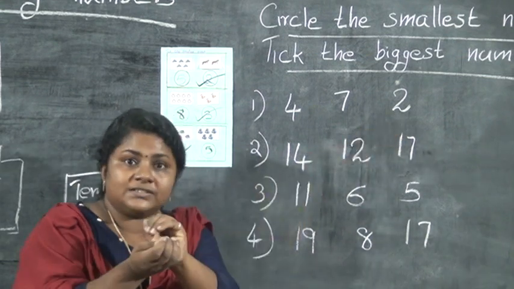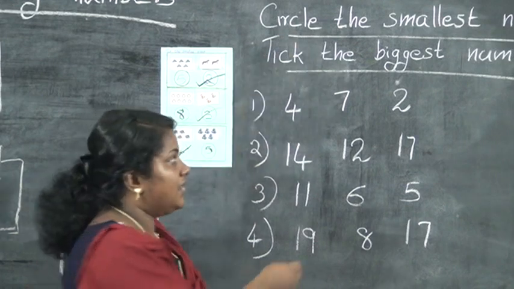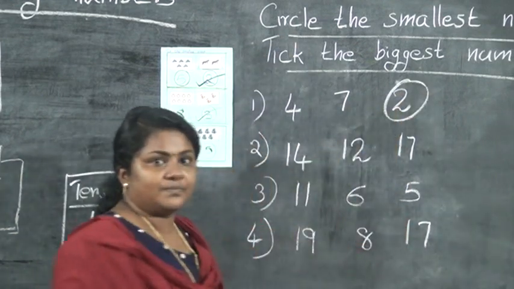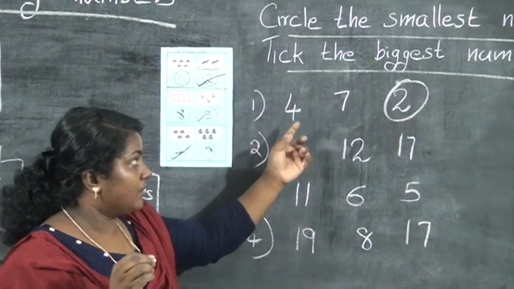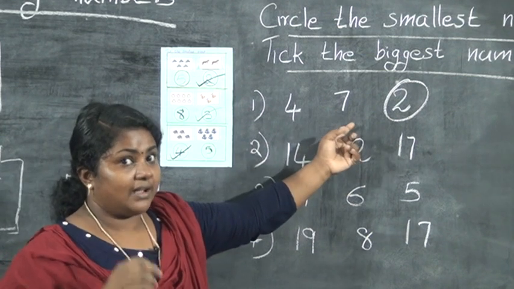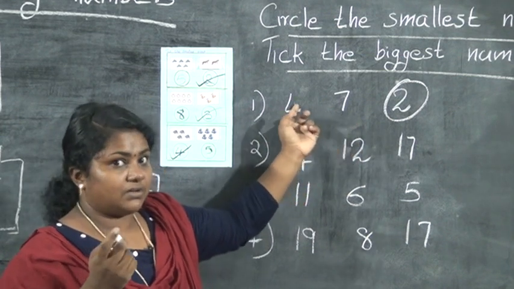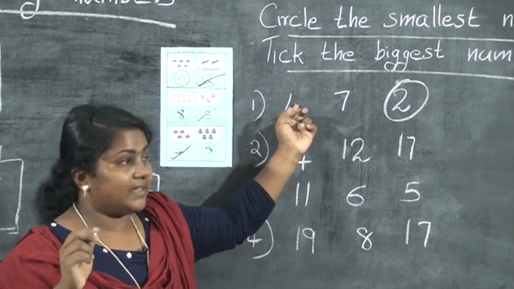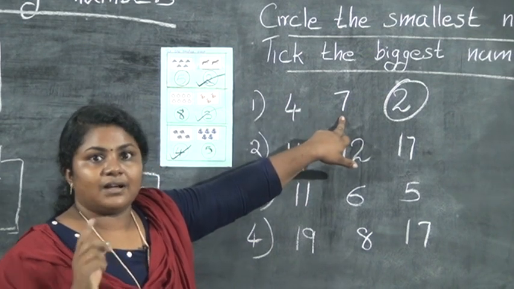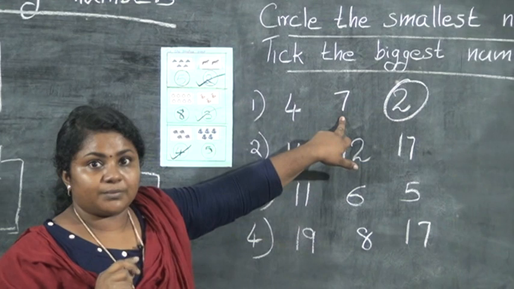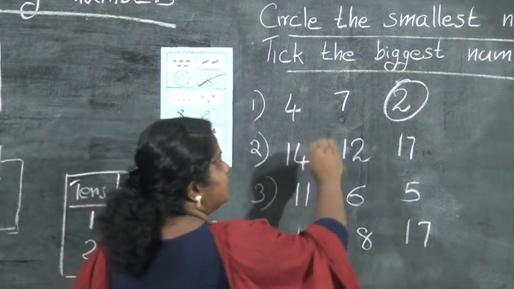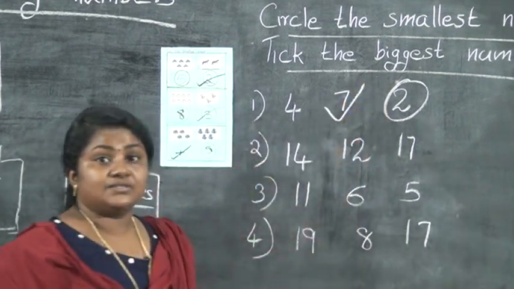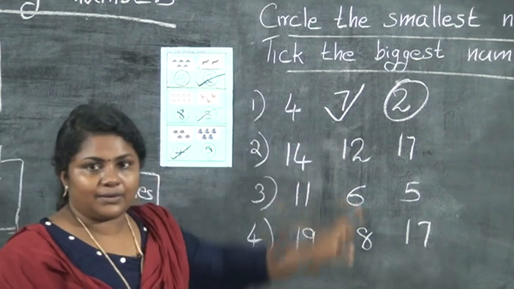So it is the smallest number. We have to circle the smallest number. 2, 3, 4. But there is one more number, isn't it? Up to this number we have to count: 4, 5, 6, 7. 7 is the last number that came, so it is the biggest number. So we have to take the biggest one, that is 7.